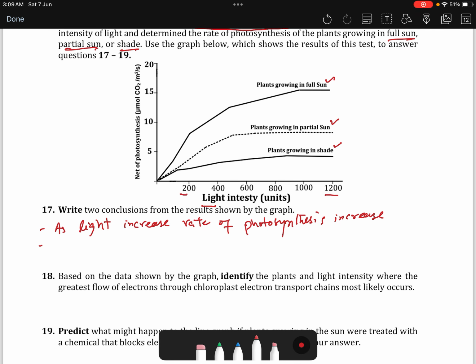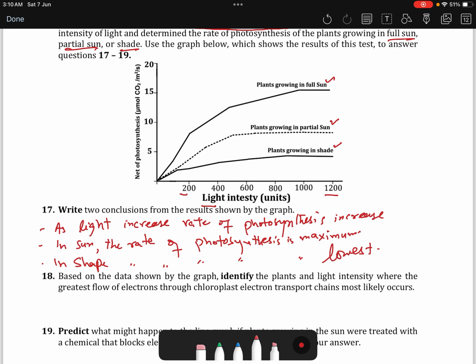Point number two, in full sun, the rate of photosynthesis is maximum. The two points are done, but we can write more. Where it is low, in shade, the rate of photosynthesis is lowest. Okay, something like this you can answer the question.